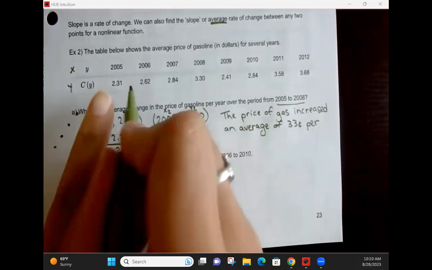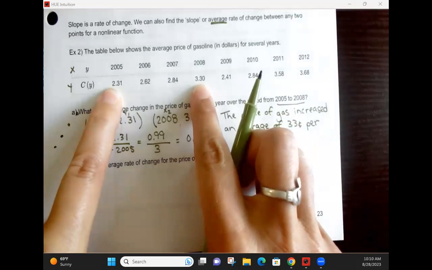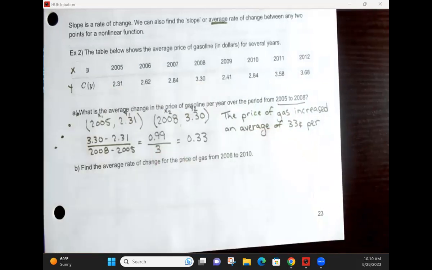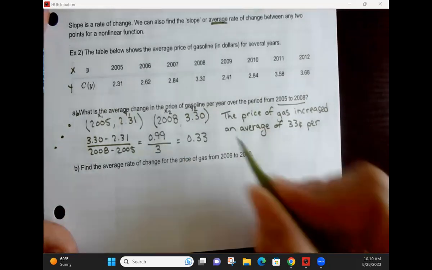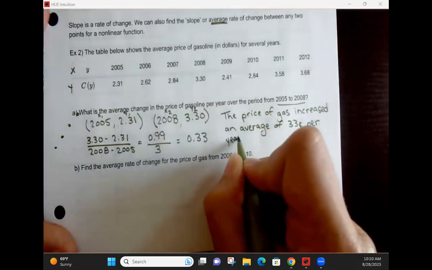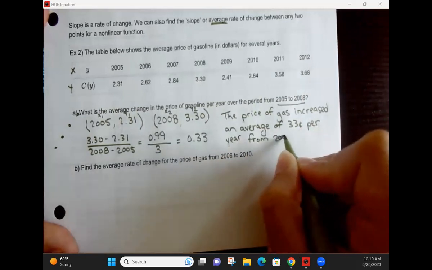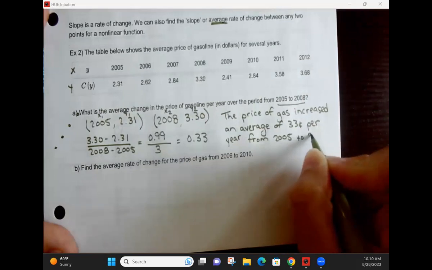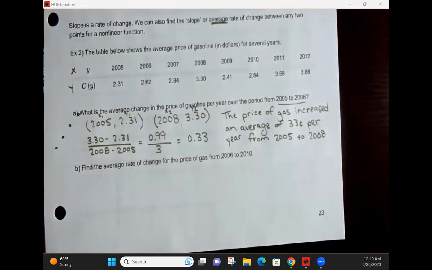If I look at 2005 to 2008, that's almost $1. That's not a total of 33 cents. We're looking at an average of 33 cents per year from 2005 to 2008. This average that I found applies only over that period of time, 2005 to 2008.